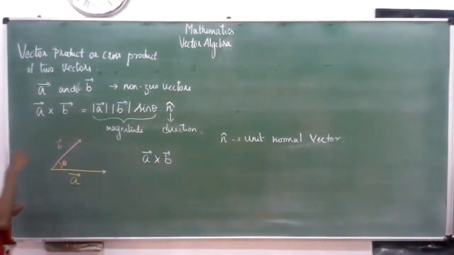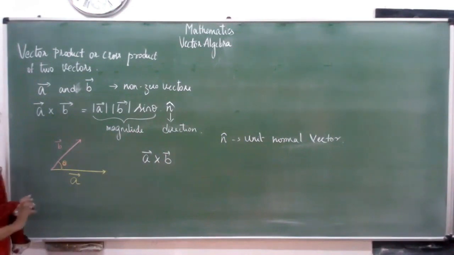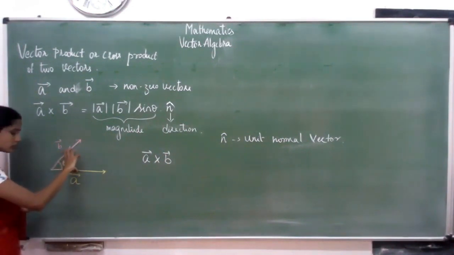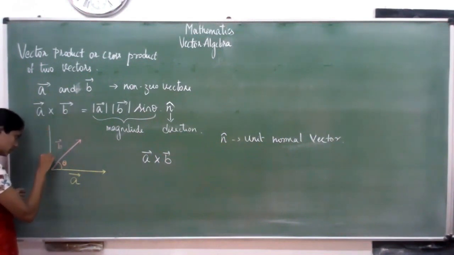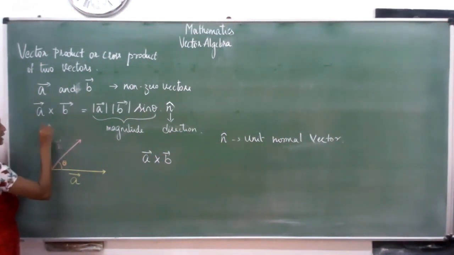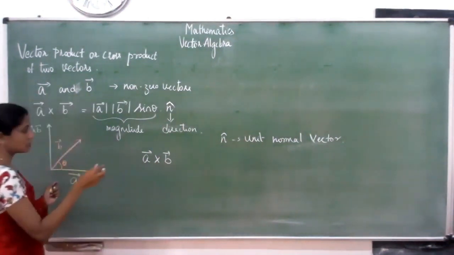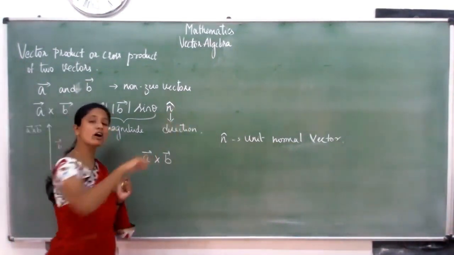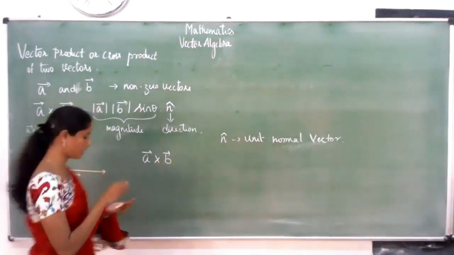So the resultant vector of these two vectors is perpendicular to both vectors. This is our resultant vector, A cross B, which is perpendicular, meaning it is along the direction of which vector? n cap, that is the unit normal vector.